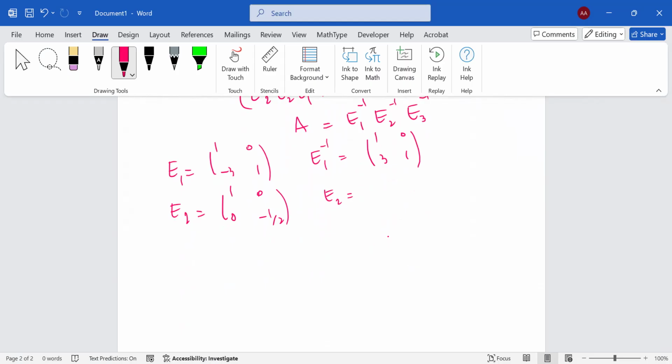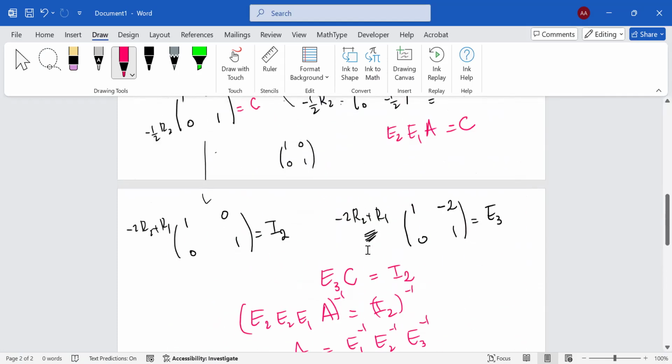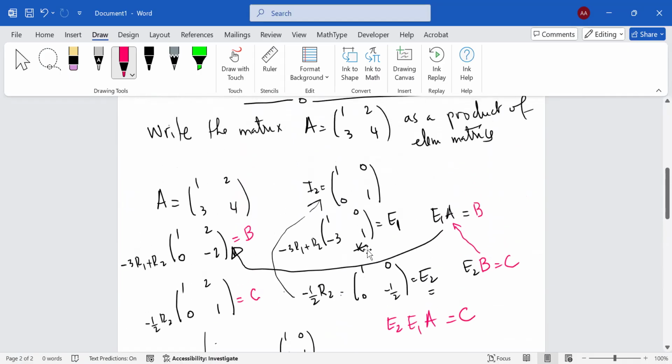So 1 over negative 1 half, which is negative 2, times negative 1 half, 1, 0, 0, which is 1, 0, 0, negative 2. All right, that's E2 minus 1.